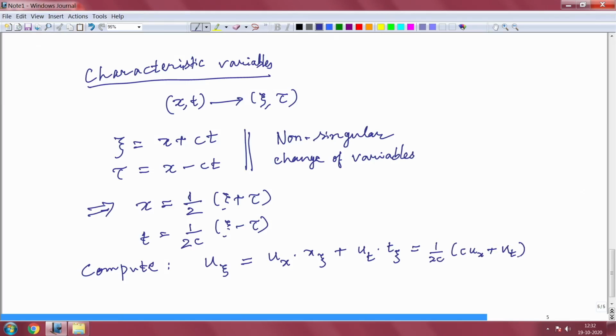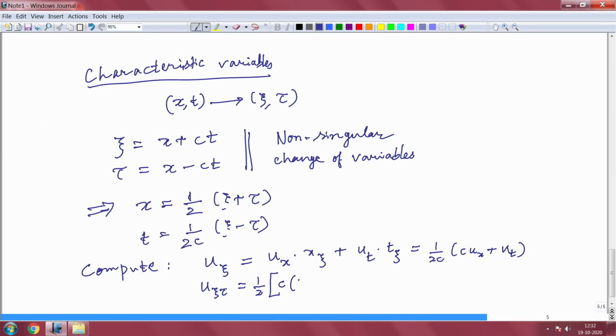And now you do differentiation with respect to tau. So, u xi tau. This is 1 by 2c, a constant, and now I have to do the differentiation of u x with respect to tau.